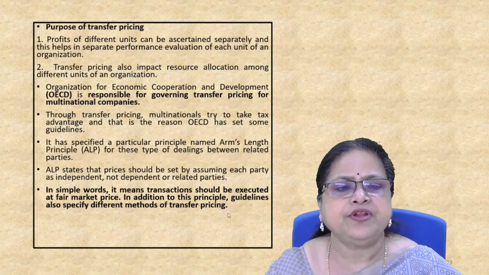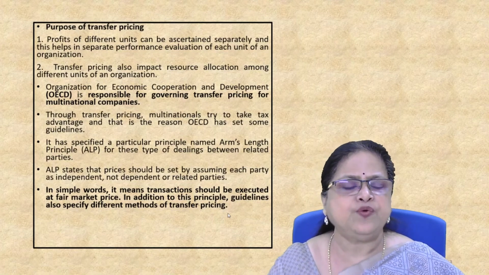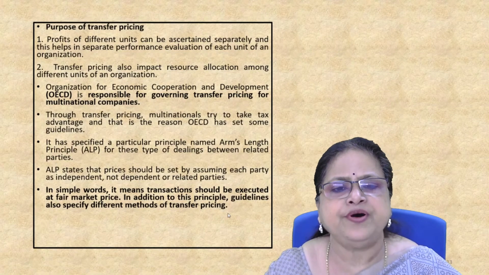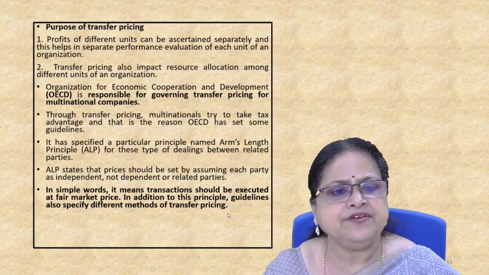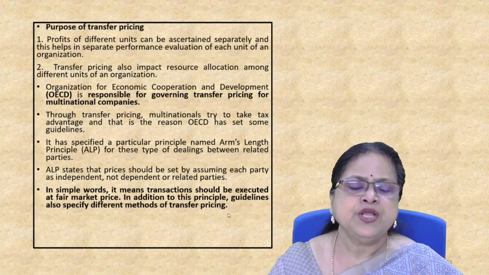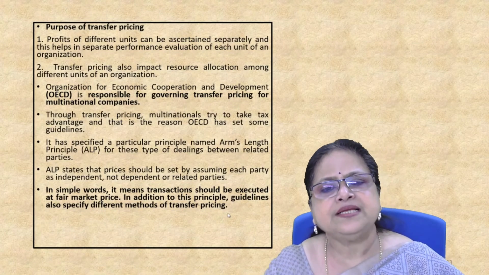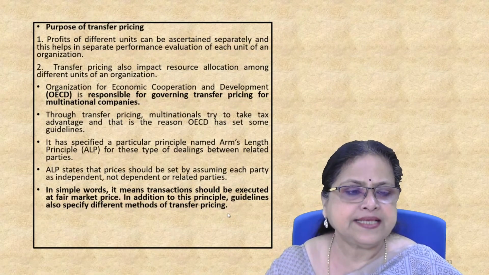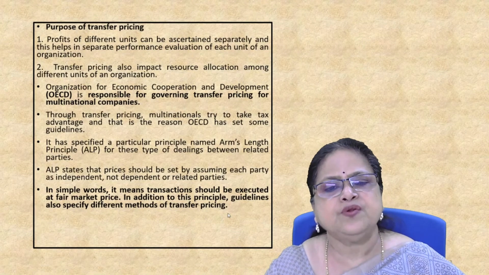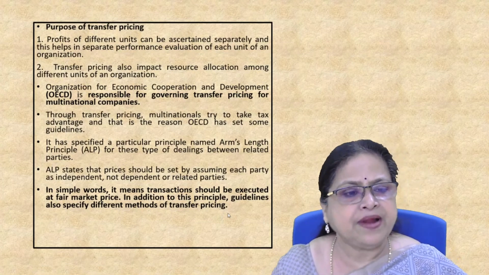The Organization for Economic Cooperation and Development, OECD, is responsible for governing transfer pricing for multinational companies. Through transfer pricing, multinationals try to take tax advantage, and that is the reason OECD has set some guidelines.